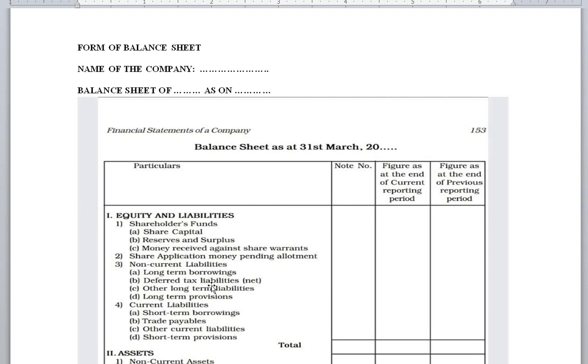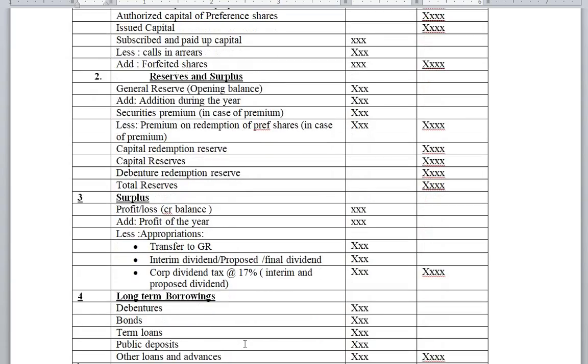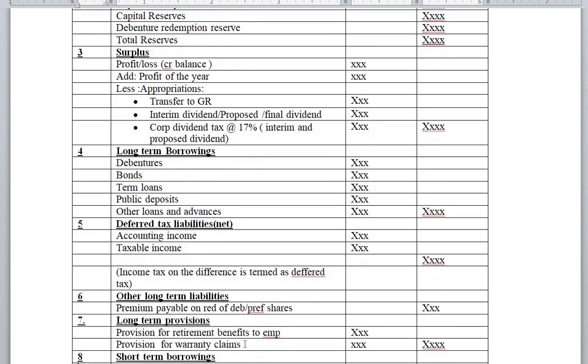Apart from the non-current liabilities, the last one is current liability, and current liability will always have 4 items: short-term borrowings, trade payables, other current liabilities, and short-term provisions. We will see each and every item coming under short-term or current liability.